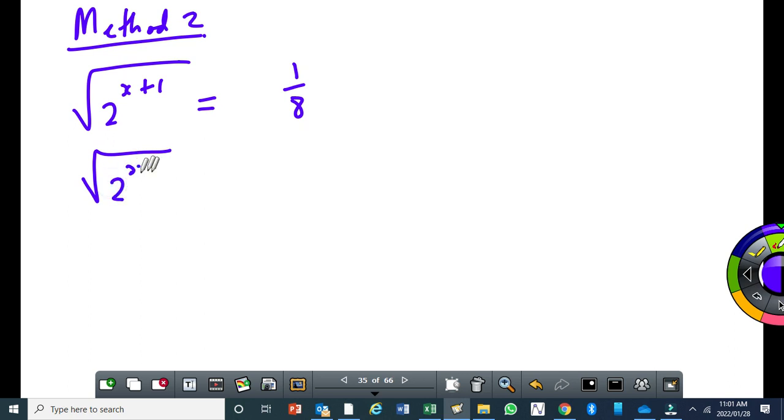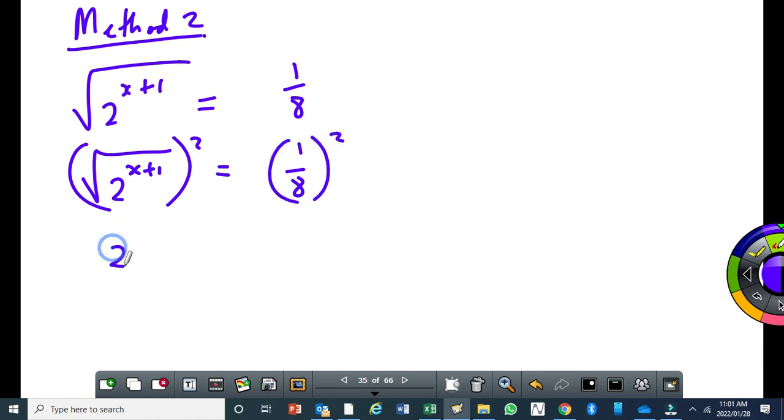So 2 to the power of x plus 1 all squared will be equal to 1 over 8 all squared. This will give you 2 to the power of x plus 1, and that becomes 1 over 8 squared. Now, 1 over 8 squared is equal to 1 over 64, and 64 can be written to a base of 2. So we can write this as 2 to the power of negative 6.